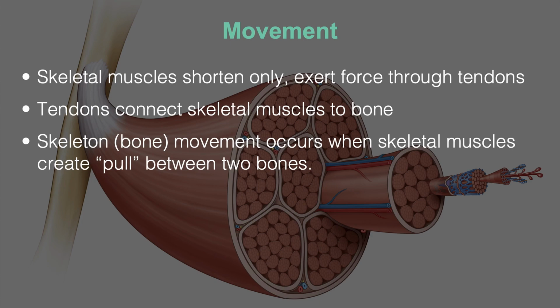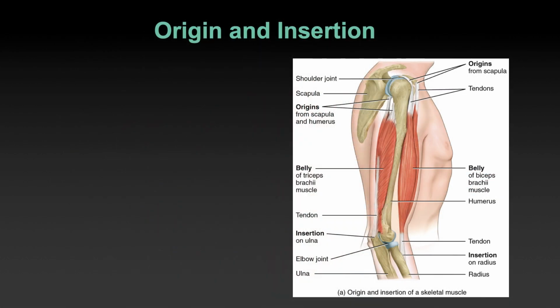A muscle is just like an elastic band when it contracts. The two endpoints come together. Those two points are the points of connection, or the origin and insertion of that muscle. The origin and the insertion.